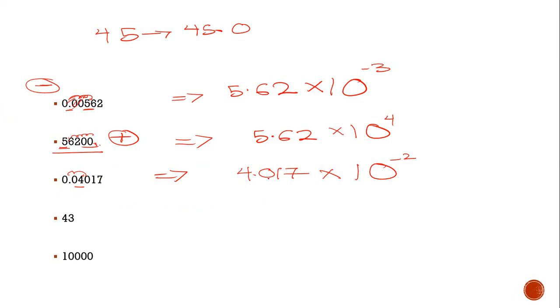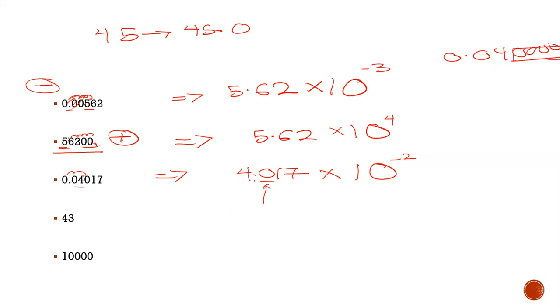Now I can't ignore this 0. This 0 here is significant because it is between two real numbers, 4 and 1. If I had something like 0.040000, then I can choose to ignore all these zeros here.